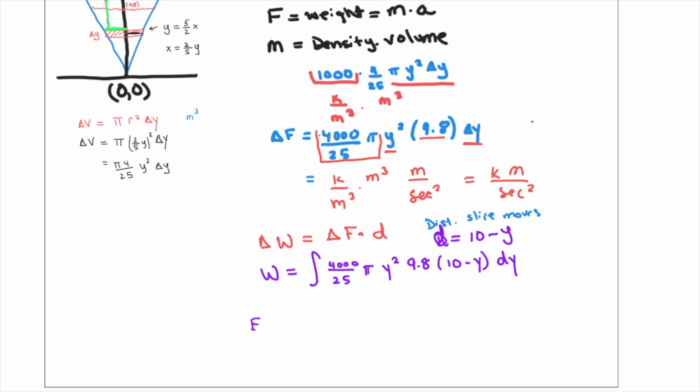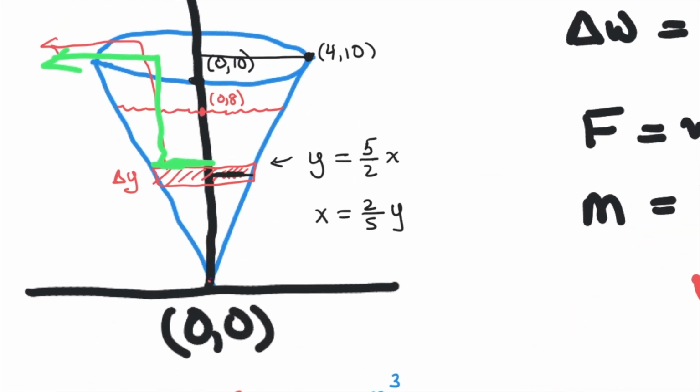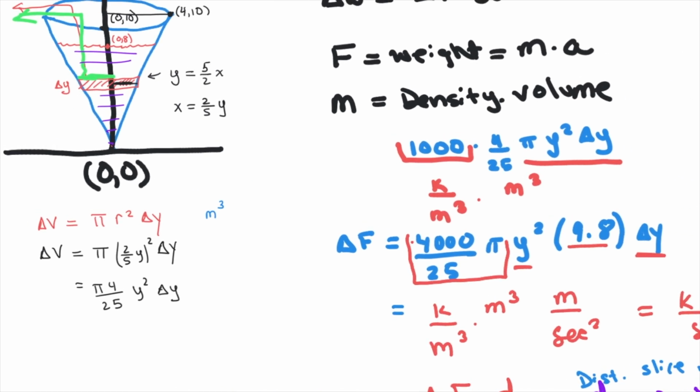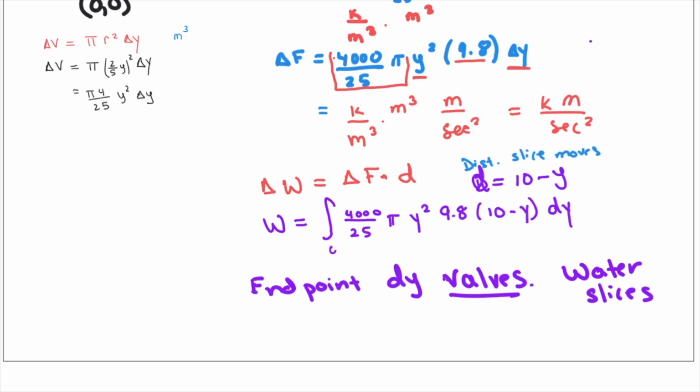So the endpoints are describing where the dy values occur. Now the dy values in our problem is where we have the water slices. Your water slices in this picture are all going between the 0 and 8. So when we look for our endpoints, we're going to be integrating between 0 and 8.